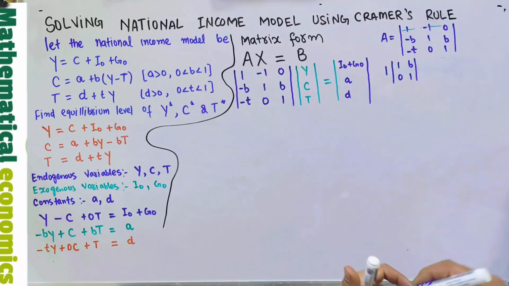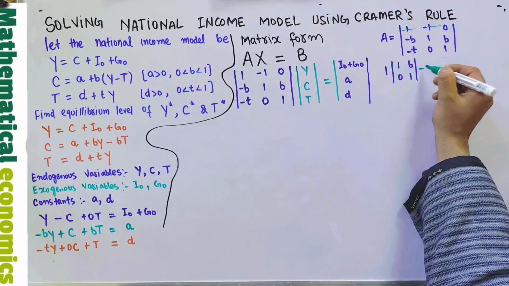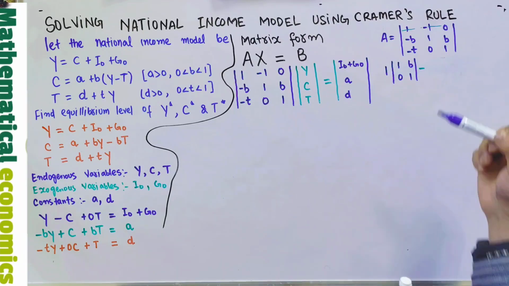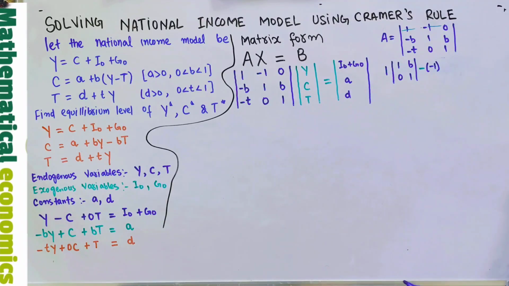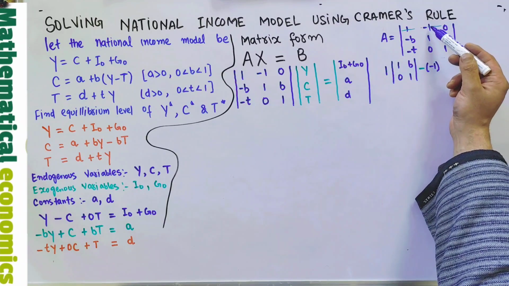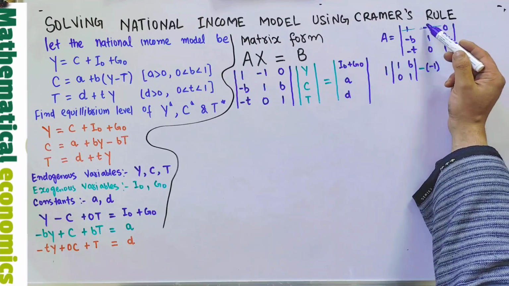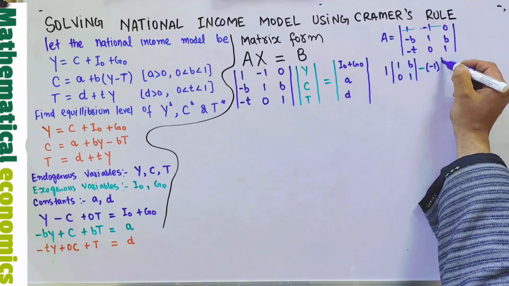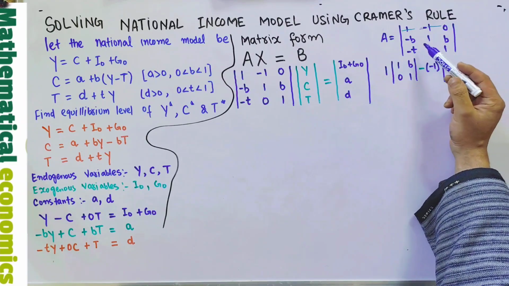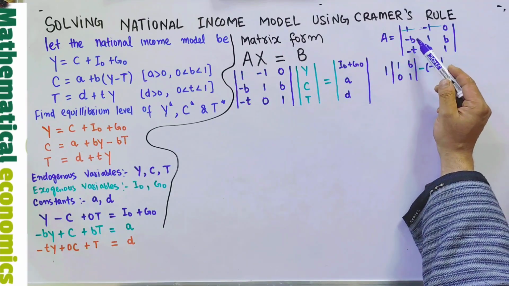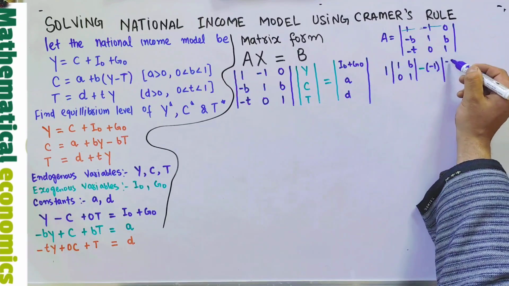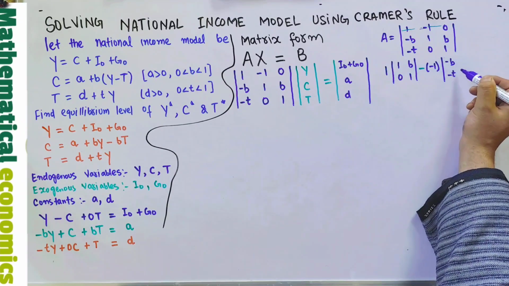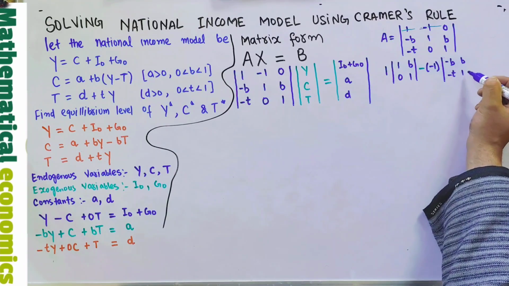Then we write minus from the formula, then we write the second element, which is minus 1, and we mentally delete the row and the column in which it appears and form the new matrix. If I delete this row and this column, I will be left with minus b, minus t, and b and 1.